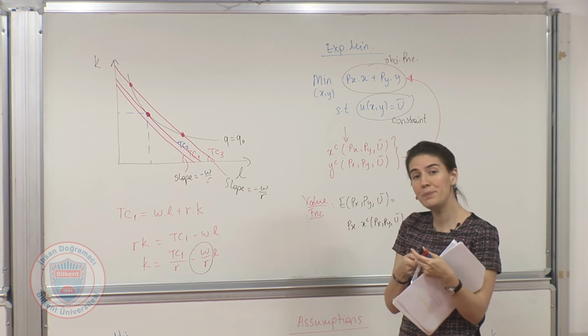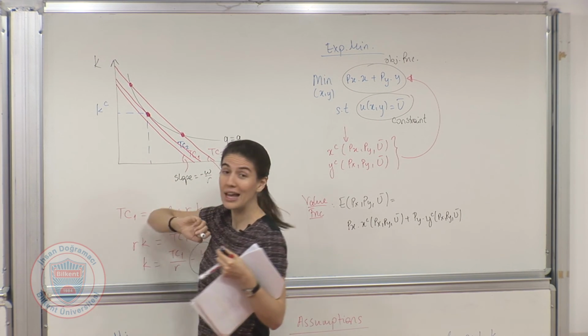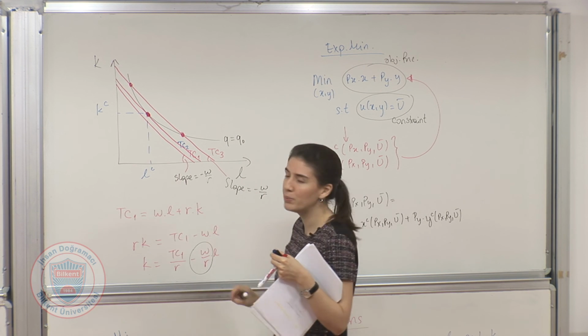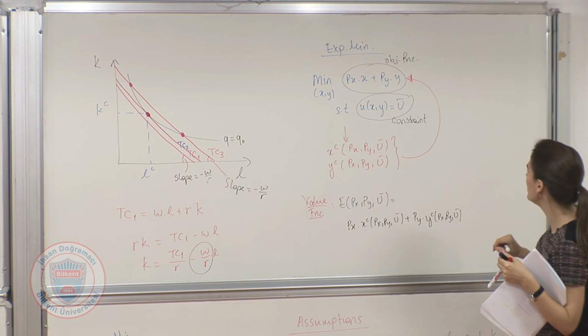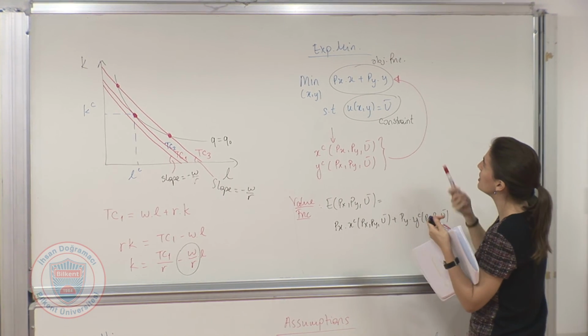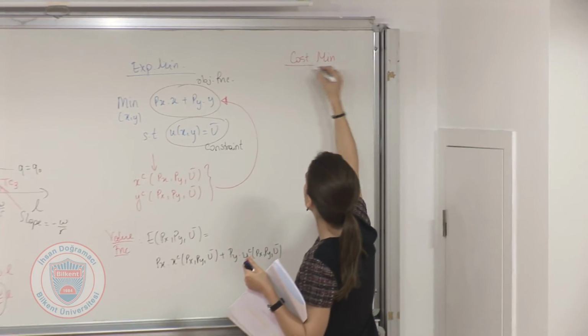Now, these optimal guys that we will get from here, we're going to call them KC and LC, okay? And these guys would be functions of what? If you think of this, so let me write it here. Expenditure minimization. Now I'm going to have cost minimization, okay?